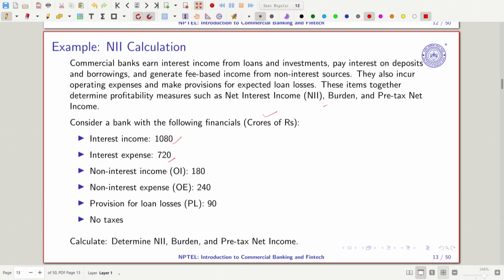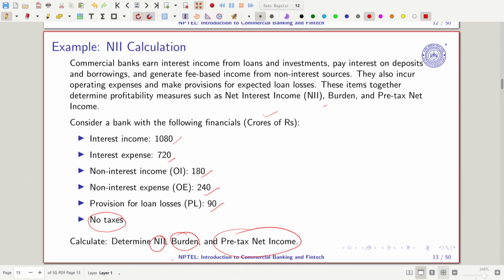Interest expense is 720, non-interest income is 180, non-interest expense is 240, provision for loan losses is 90, and here we have no taxes as of now, right? So earnings before taxes, taxes we are not including. What you have to calculate is the net interest income, then the burden, and then the pre-tax net income.